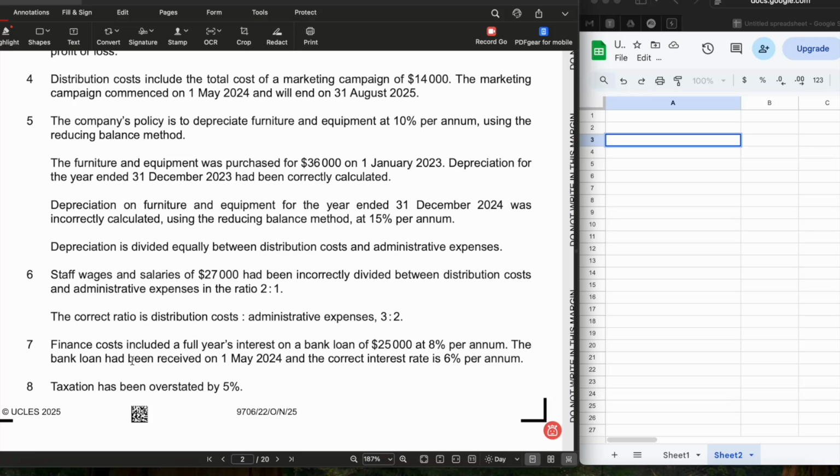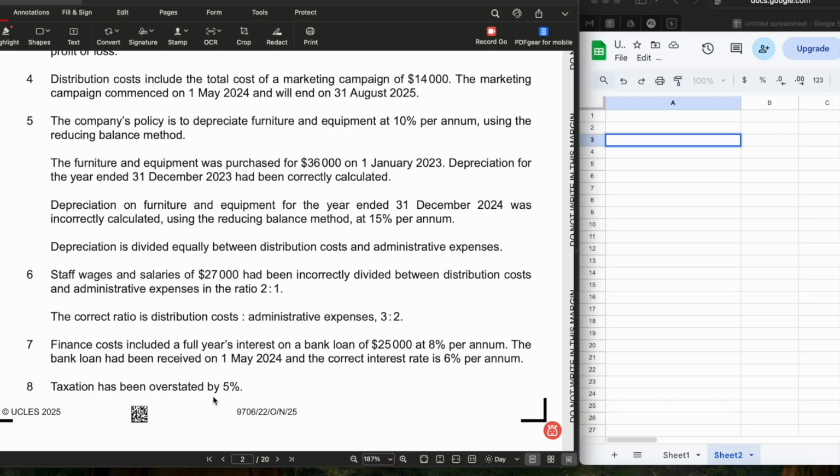But the question said that the loan was taken on 1st May 2024 and the interest is also only 6%. So the incorrect amount of interest on the bank loan needs to be subtracted and we need to write down the correct amount. Last one, 8.